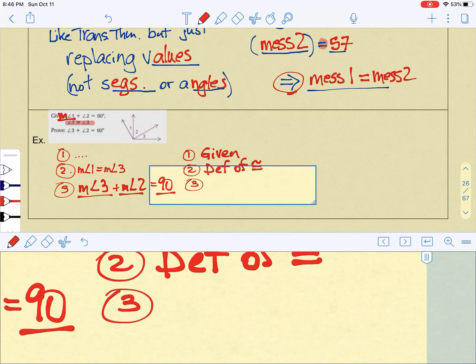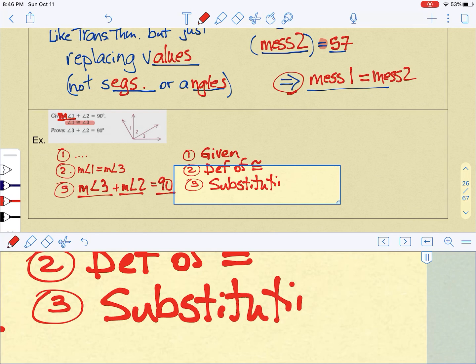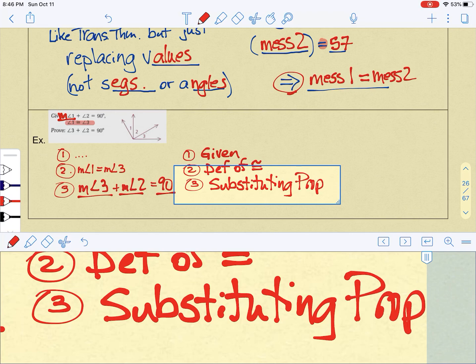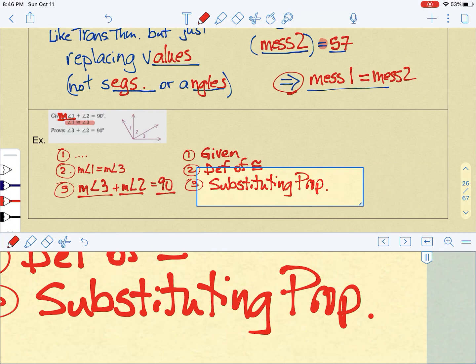And that's exactly what we want to prove. So this was substituting. We took out the value of angle 1 and put in its place the value of angle 3. You can certainly write the word property, but substituting is only a property, not a theorem. Hopefully that makes sense to you and will help you complete the 2-7.